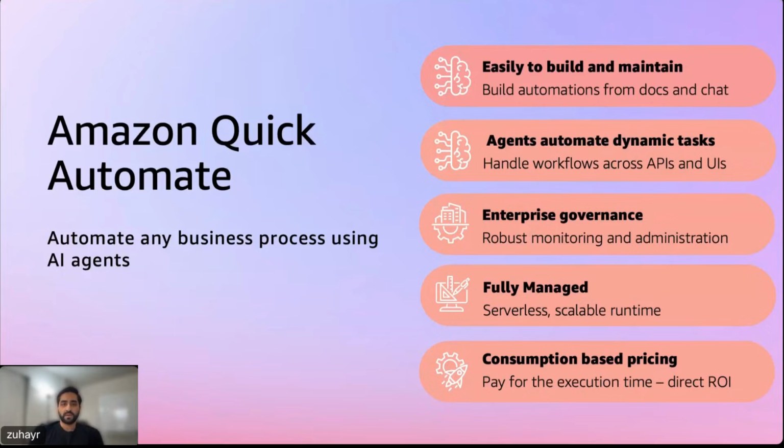When you need more oversight, Quick Automate allows agents to escalate to human operators through human in the loop mechanisms via a tool, for example. And finally, you can do all of this without worrying about the underlying infrastructure, since Automate manages all of it in the background, and you only pay for what you use with the consumption-based pricing model.